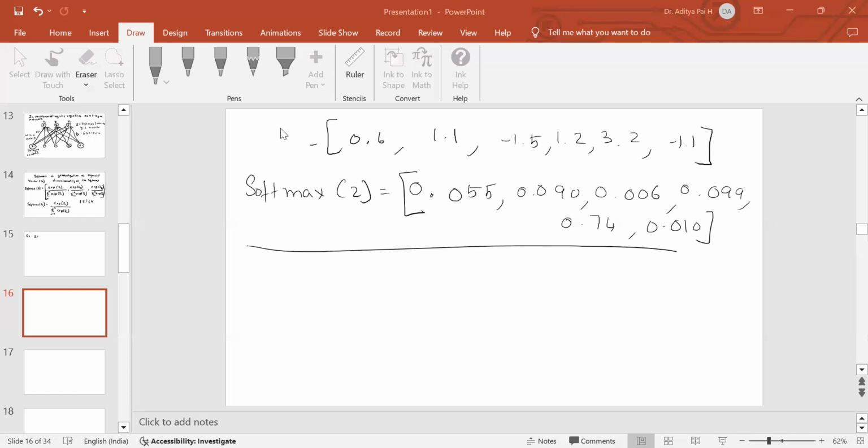Now, for the multi-layer notation. Consider this is my X1, this is my I, this is the other node and the Xn.